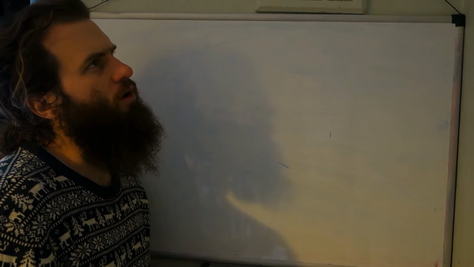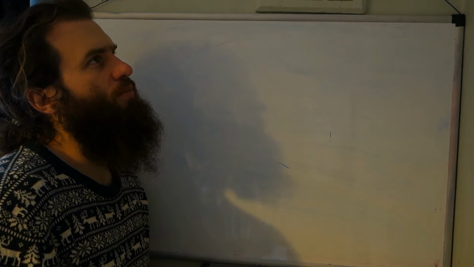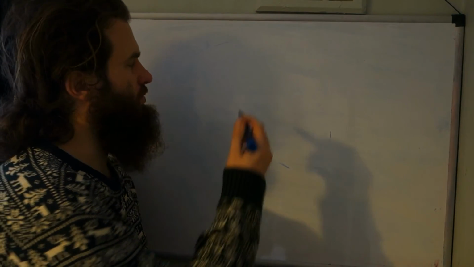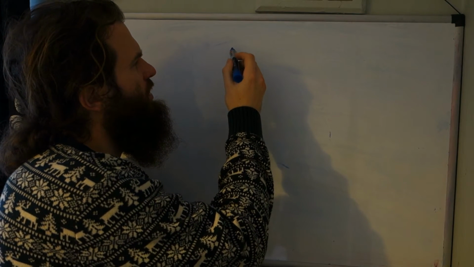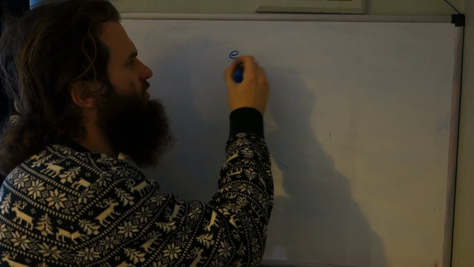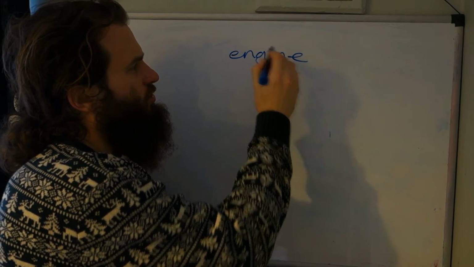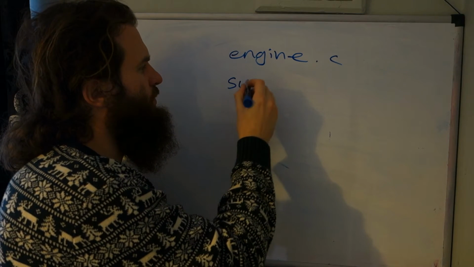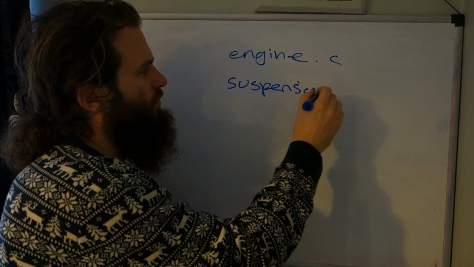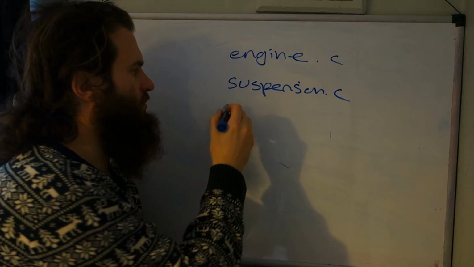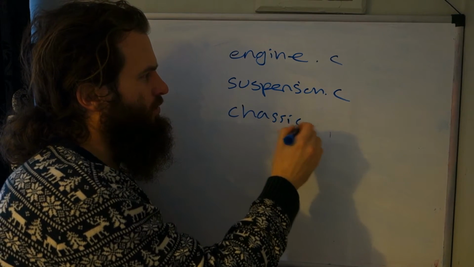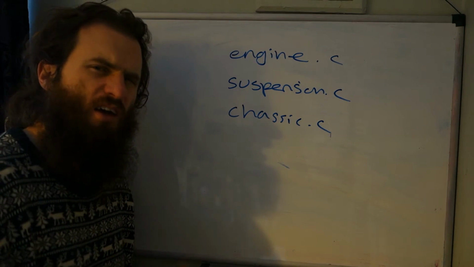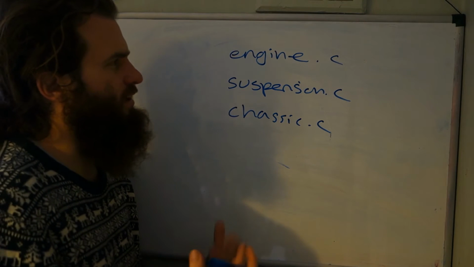Imagine if we were trying to represent a car, for example, just to give a crude example. We might have a file called engine.c which contains all of the functions to do with that, and suspension.c and chassis.c and so on, and then we might have some other files that tie that together. You see what I'm saying? You might want to break it up like that.